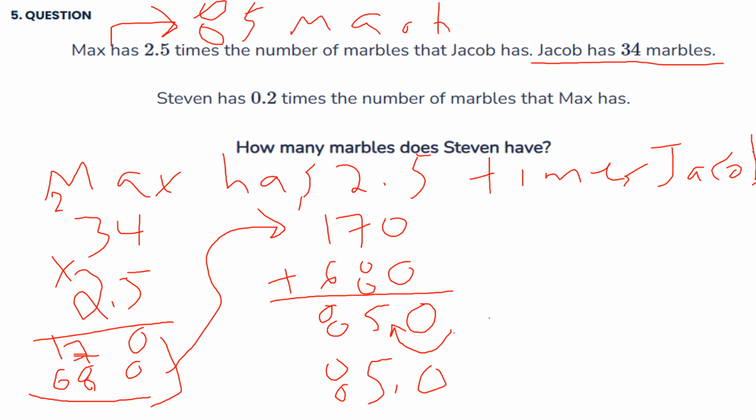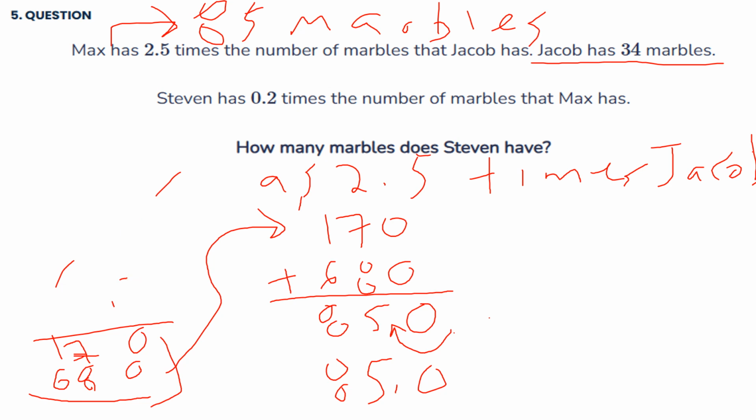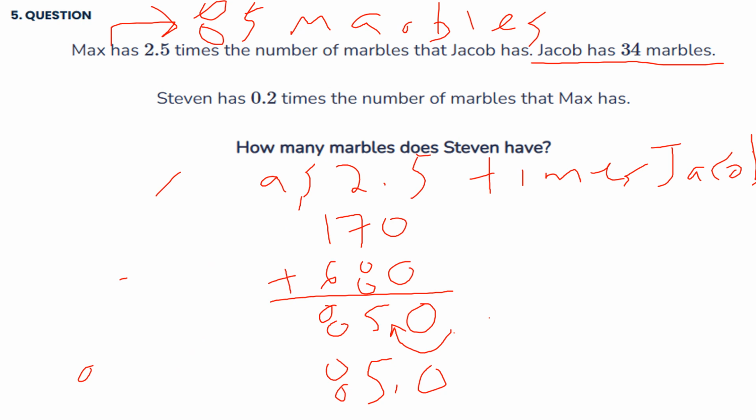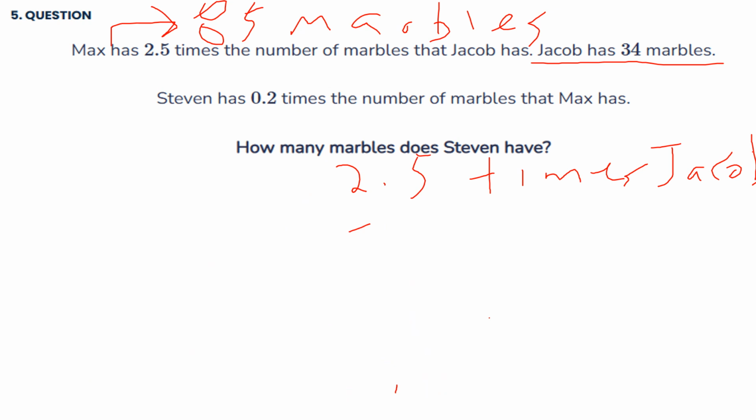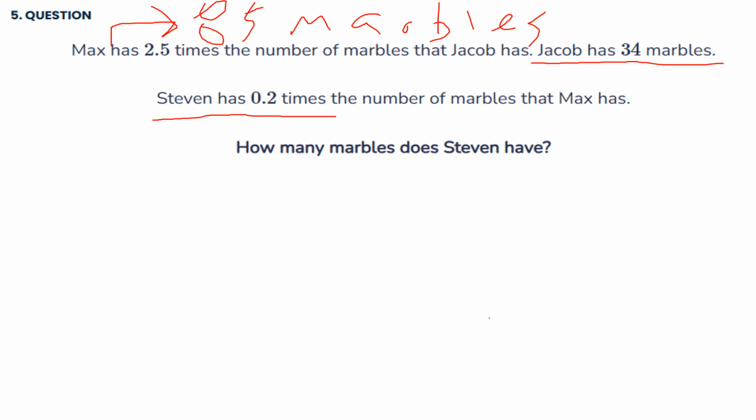So now what we need to do is find out how many marbles Steven has. Erase everything. All right, so based off of this, it says Steven has 0.2 times the number of Max.